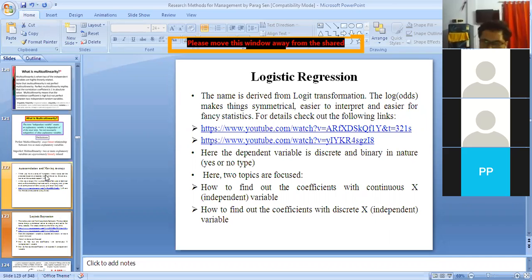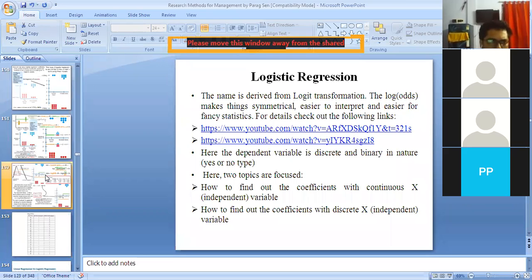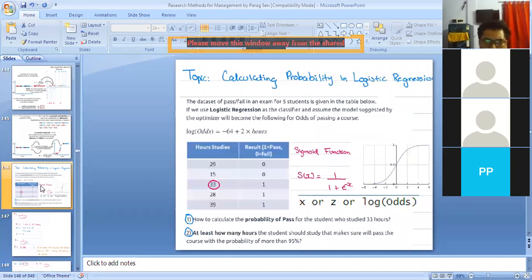For example, just have a look at this example. Suppose in our studies, this is the independent variable x, and your y result is 0 or 1. That means pass or fail, that is given.